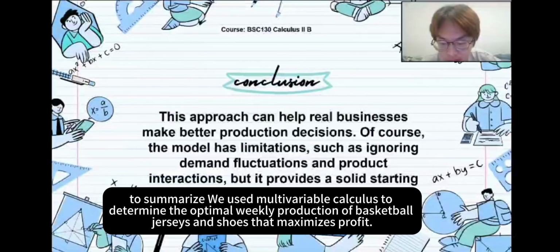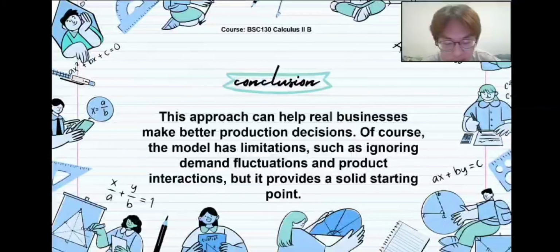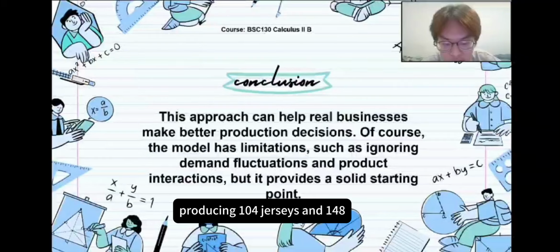To summarize, we use multivariable calculus to determine the optimal weekly production of basketball jerseys and shoes that maximizes the profit. Our model shows that producing 104 jerseys and 148 pairs of shoes gives the highest weekly profit of about 4,978 yuan.